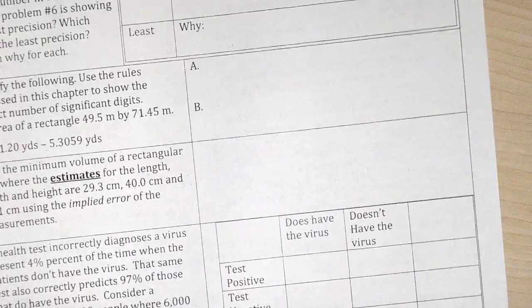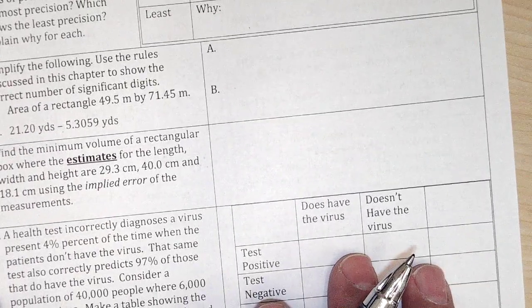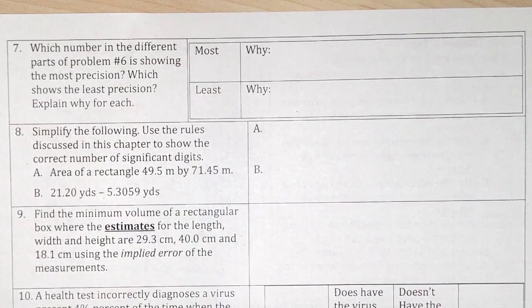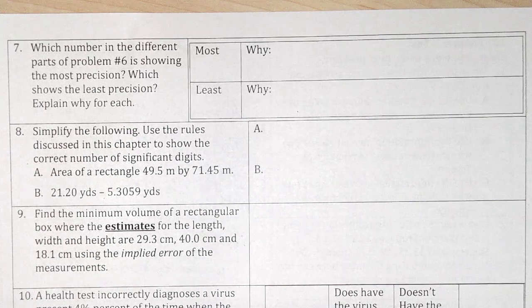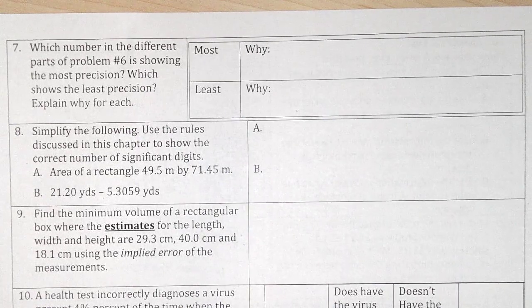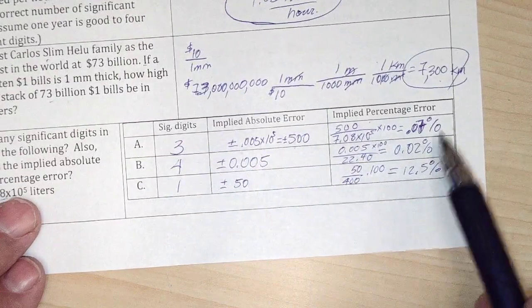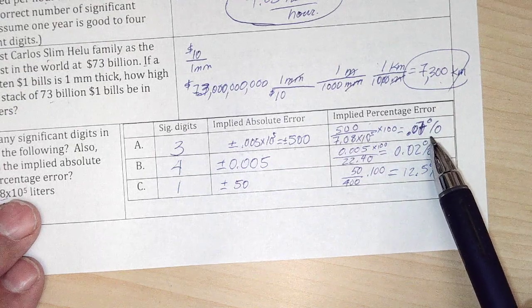Backside. Which number in the different parts of problem 6 is showing the most precision? Most precision is the one with the least percentage error.